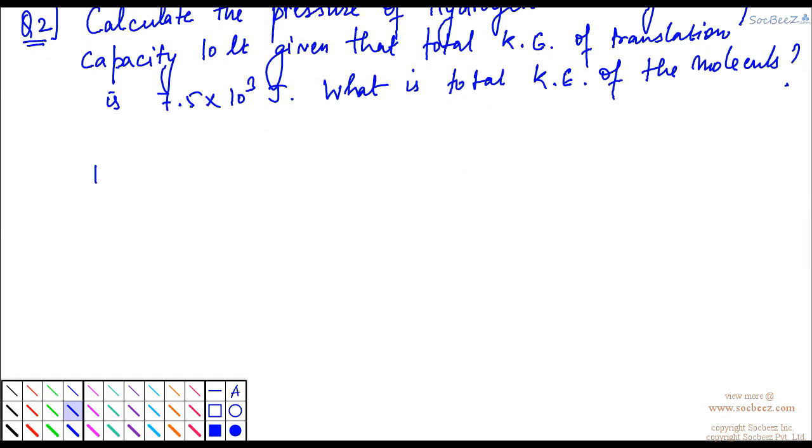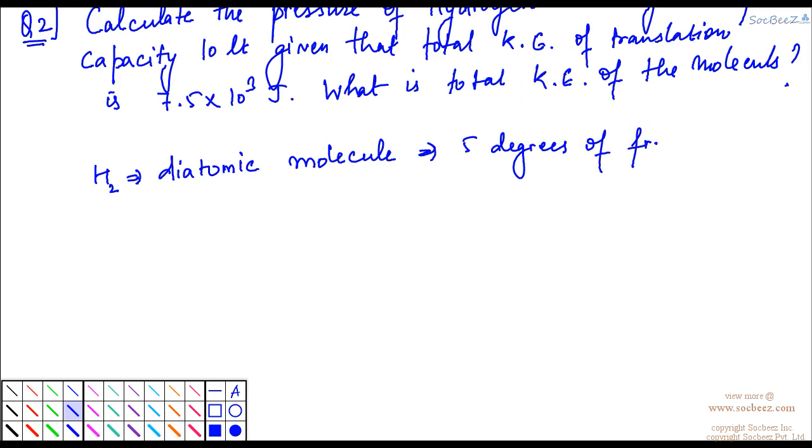So first of all, you must be knowing that H2 is a diatomic molecule, correct? So it has 5 degrees of freedom. Now you are given that the hydrogen is stored in a 10 liter vessel and the kinetic energy of translation is given to be 7.5 into 10 raised to power 3 joules.